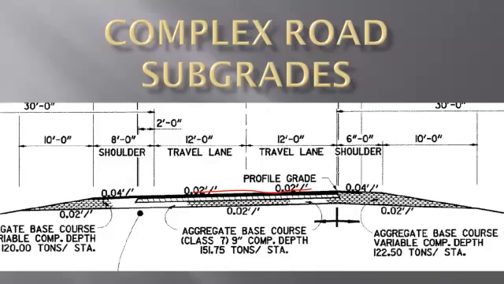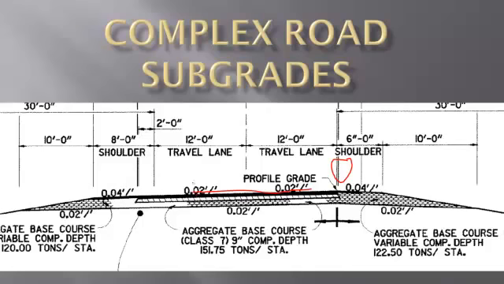Sometimes you'll see divided highways like this having a center line that runs down the median, but the horizontal information is provided at this profile grade point here. It doesn't really matter, it's just your baseline where things break. This is an apex of where things break to the left and break to the right as far as you're concerned. So you're going to horizontally locate the vertical in this point and go from there.